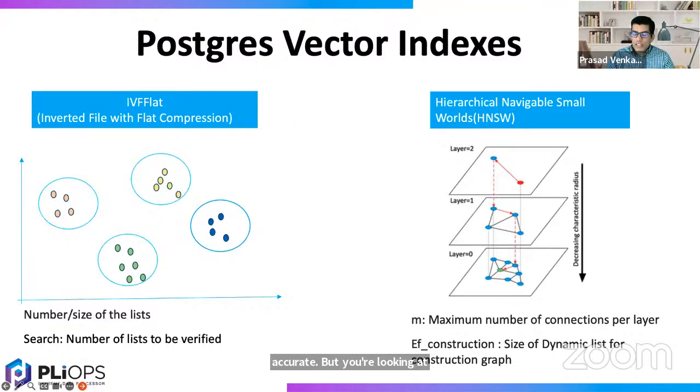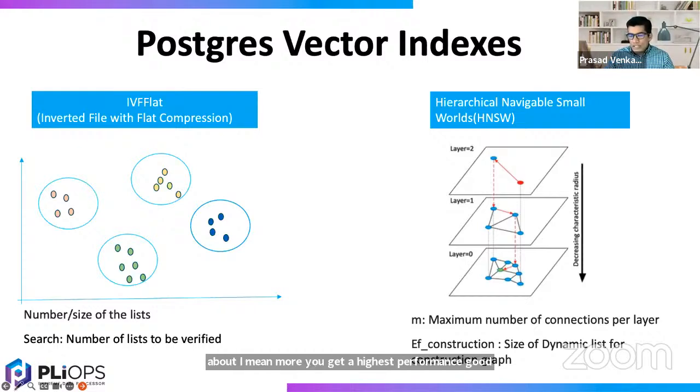If you're looking for highly accurate results, HNSW, Hierarchical Navigable Small World, will be extremely helpful. It is organized as a multi-layered graph. As you traverse from one layer to another, the data set is a subset of the previous layer. This provides highly accurate results, with high performance and good recall.